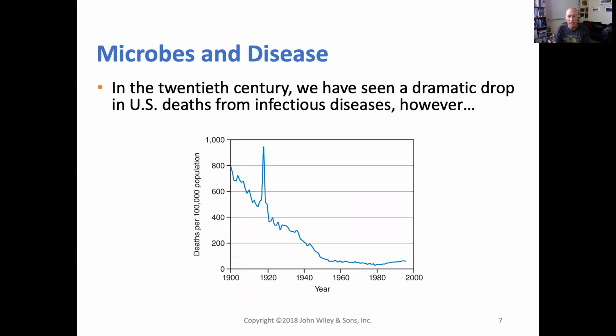Anyway, getting back here, I want you to actually think now, maybe reflecting on the story with the plague, why did rates of infectious disease go down so much in the last century?